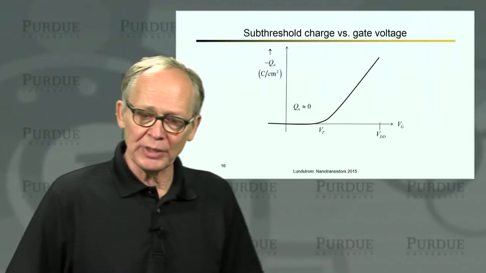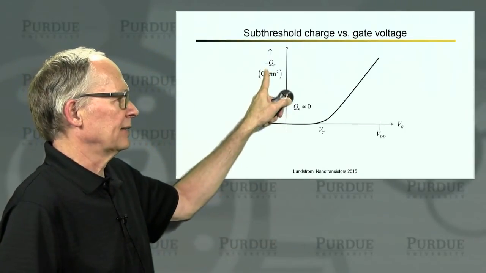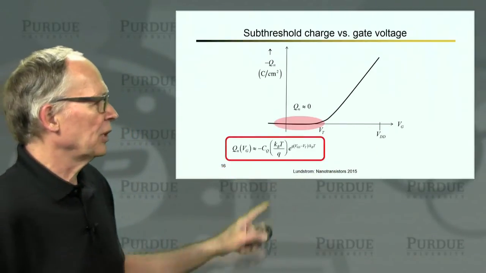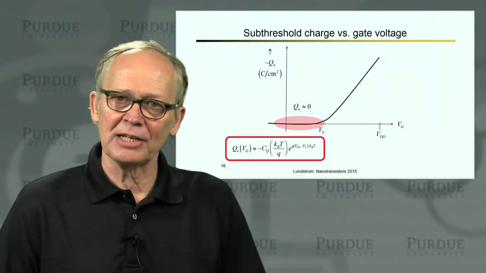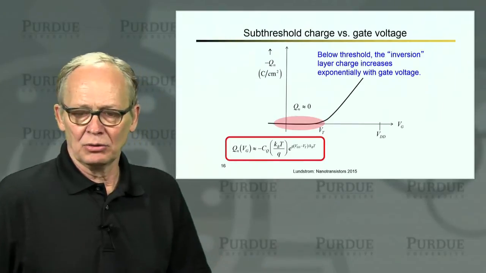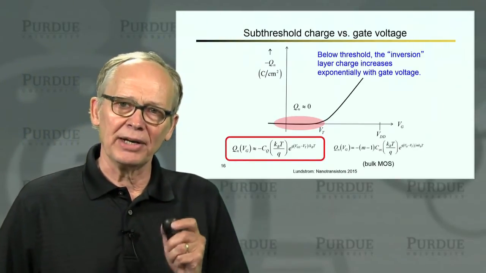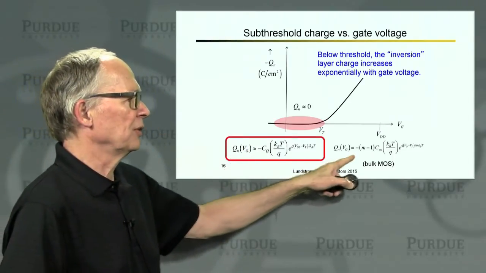All right, so here's where we are. We've been looking at this mobile charge versus gate voltage relation. In the subthreshold regime, we found that it goes exponentially with Vg minus Vt over 1 kT. So just as it did in the bulk, the same conclusion there. If we compare that to the bulk case, we can see that the expressions are very similar.